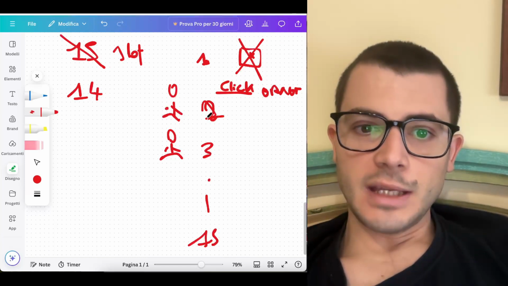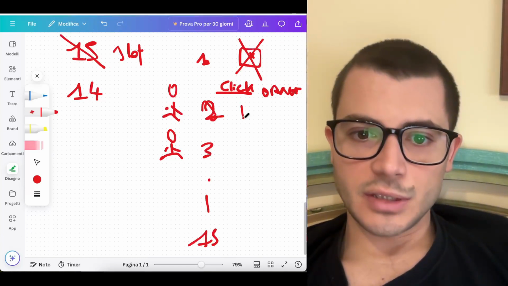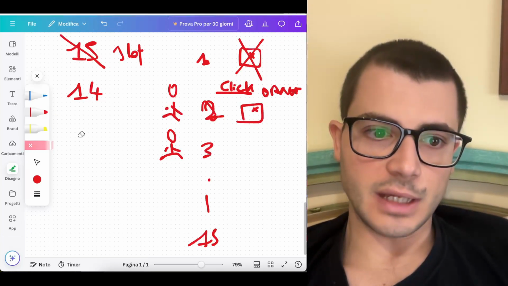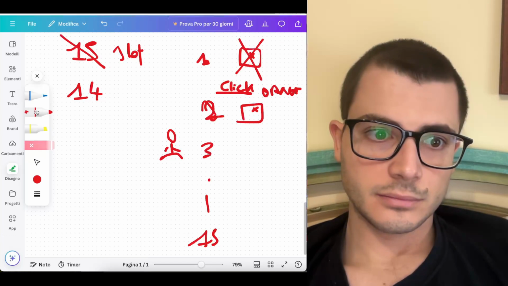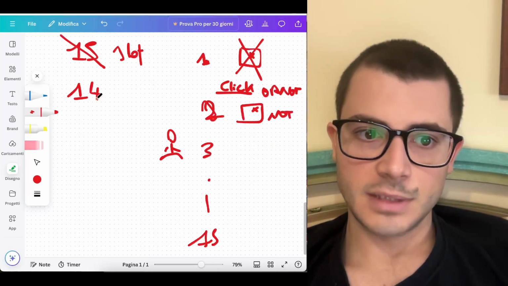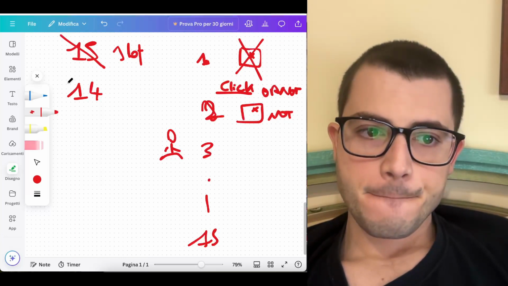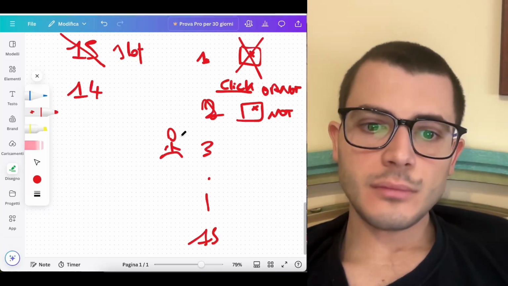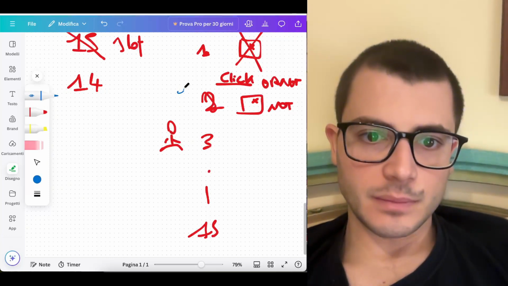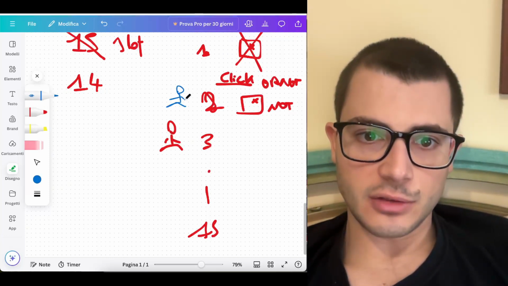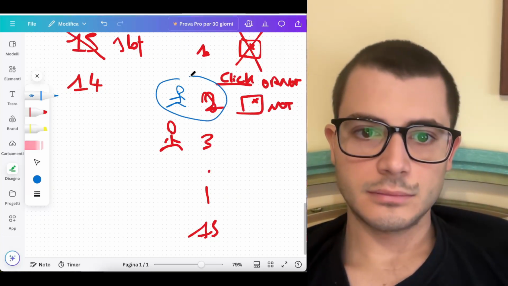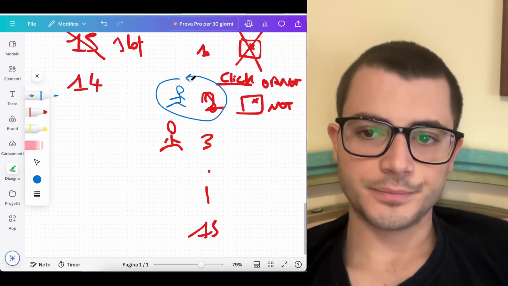Then, for example, person number 2 closes the page, so the slot comes free again, and does not click. So these remain 14. Now another person can come and take your second slot and repeat the cycle.